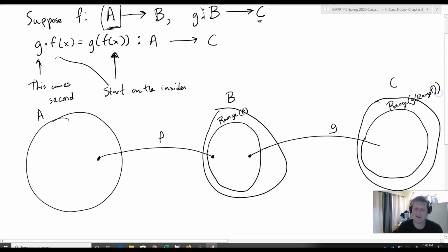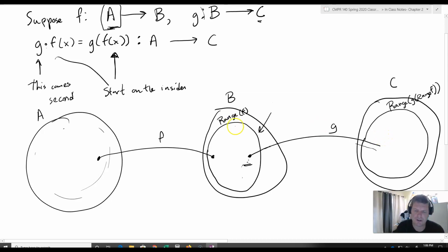The idea here is that I can't pull anything out of B unless it's in the range of F, because I started over here in A. I took all the elements of A and used F, and they only went into the range of F. Then I operate on them again, like a lily pad jump, using G into C. But that's going to be double restricted.